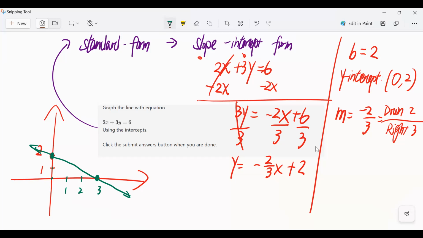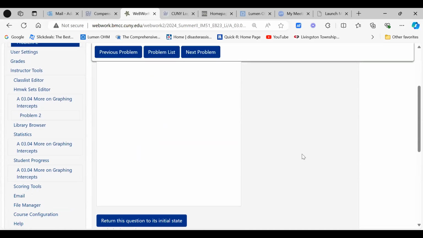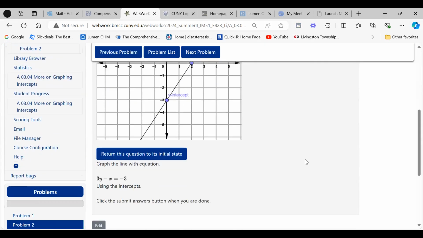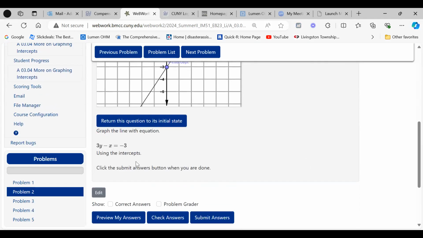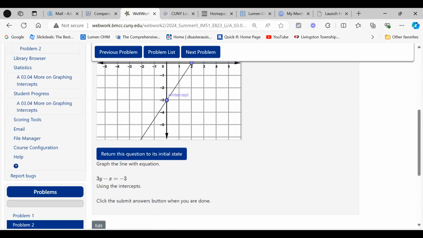Okay, very good. Let's look at the next question. Let's try this. And this one you can again graph using intercepts. Get the x- and y-intercepts first and graph it. And after that, I want you to turn it into slope-intercept form and then graph again.